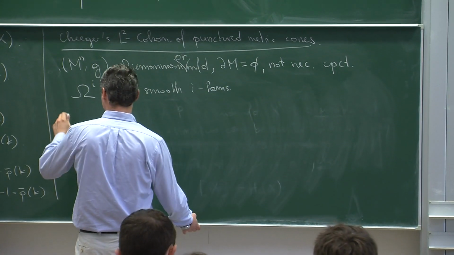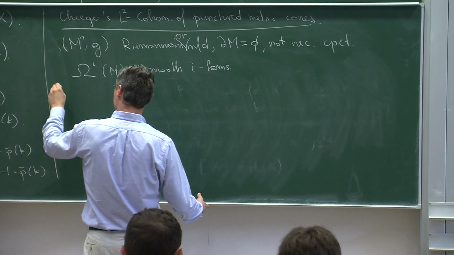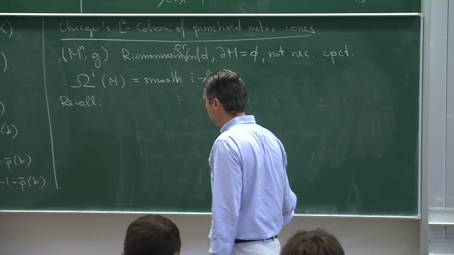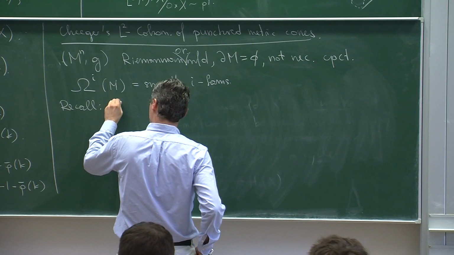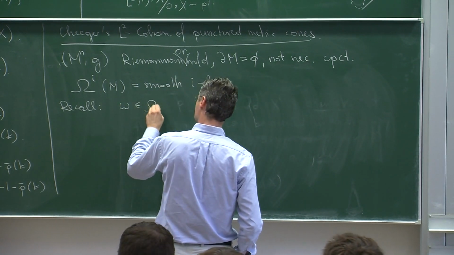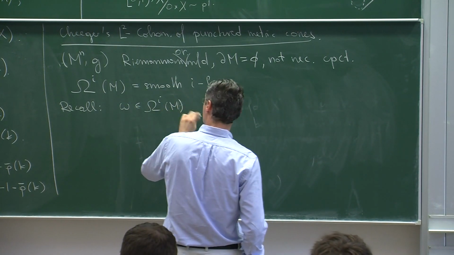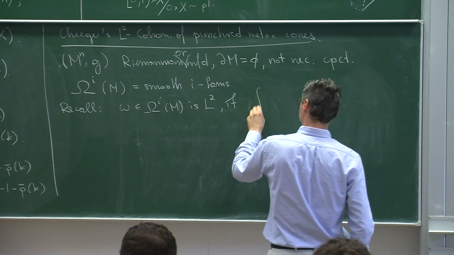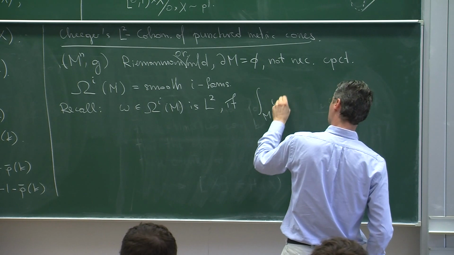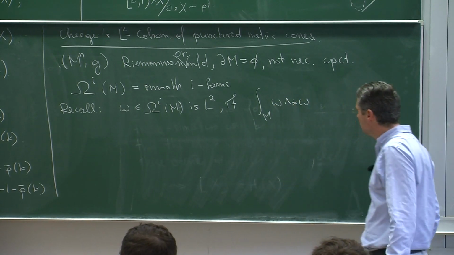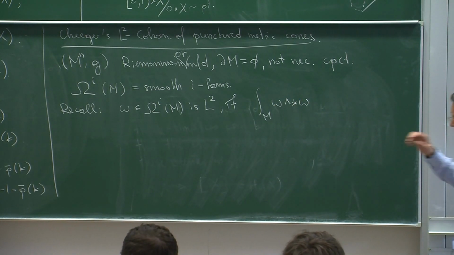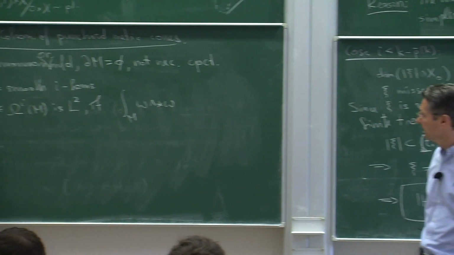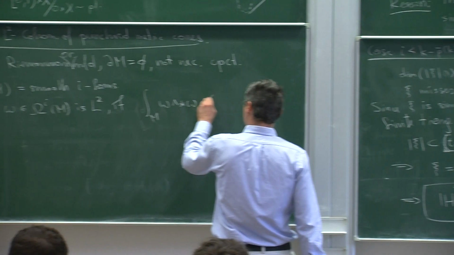And now recall, we've already seen this, a form is L2 if, when you integrate omega wedge star omega, so here this is the Hodge star on M, which we've already discussed in great detail, this is finite.